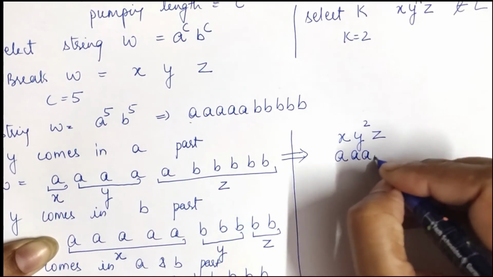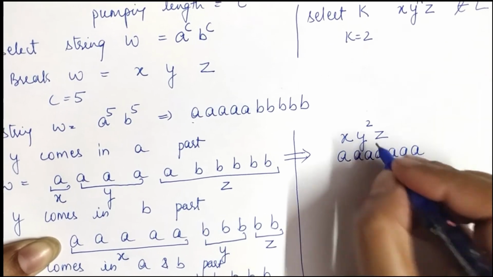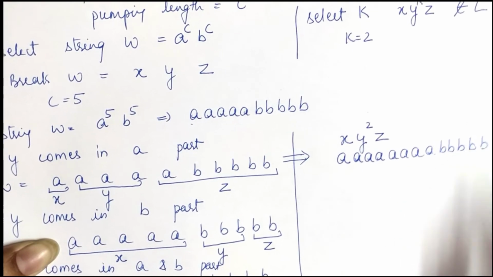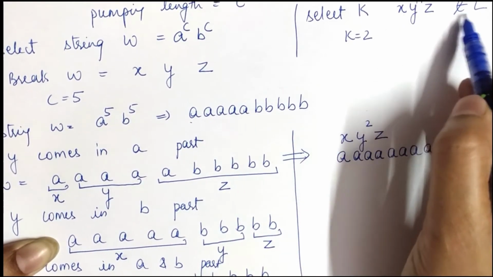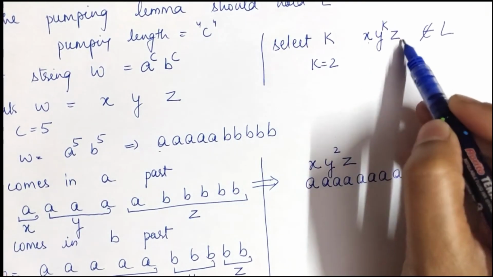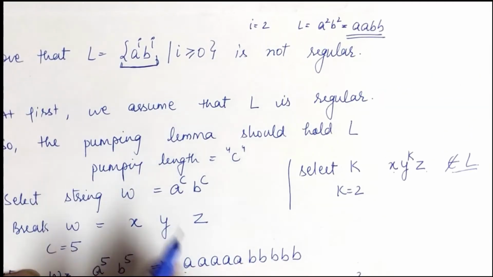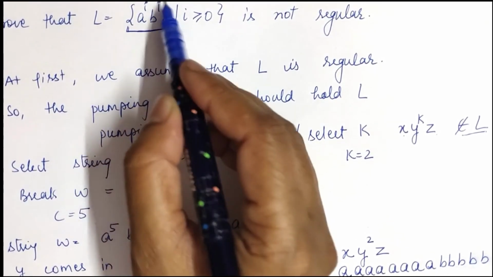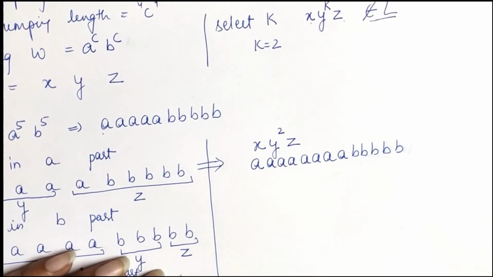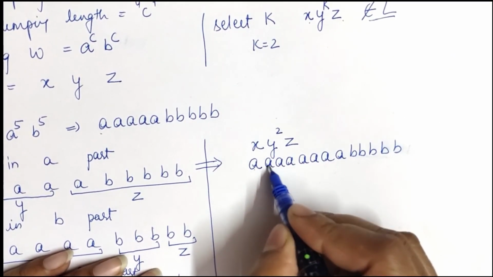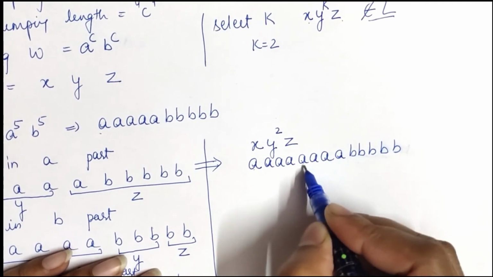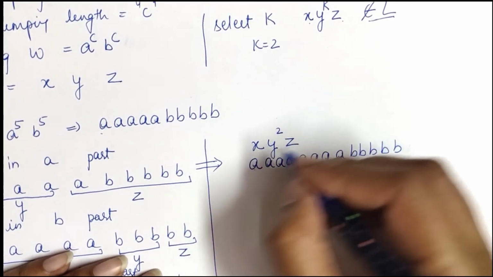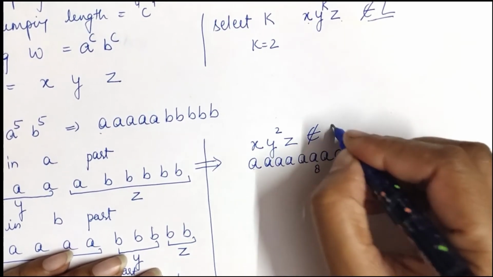So this will become 3 times a, 3 times a, and the remaining z is a and 5 times b. Now we check whether this string belongs to L, where L is a to the power i and b to the power i, meaning the number of a and number of b are equal. See here, 1, 2, 3, 4, 5, 6, 7, 8. So here a is 8 times and b is 5 times. This is not equal, so x y to the power 2 z does not belong to L.